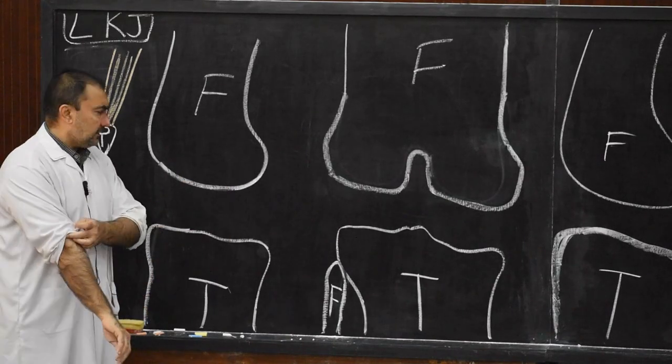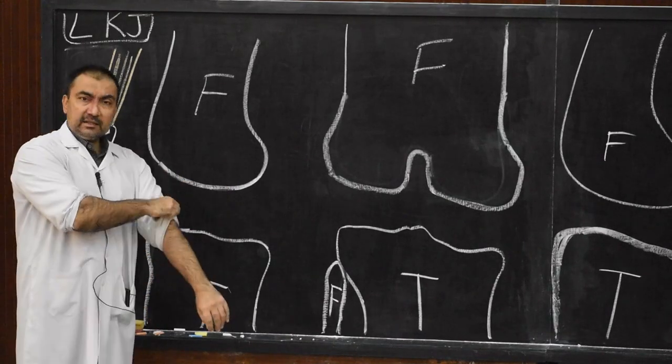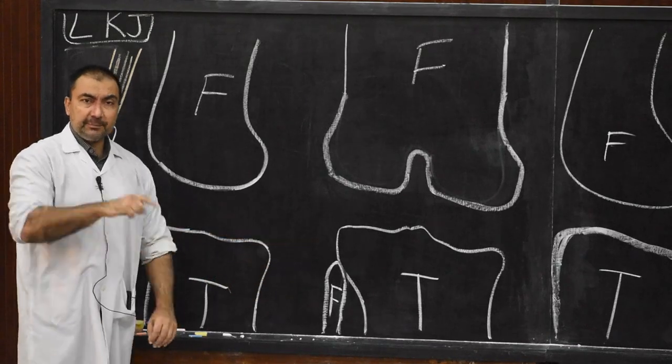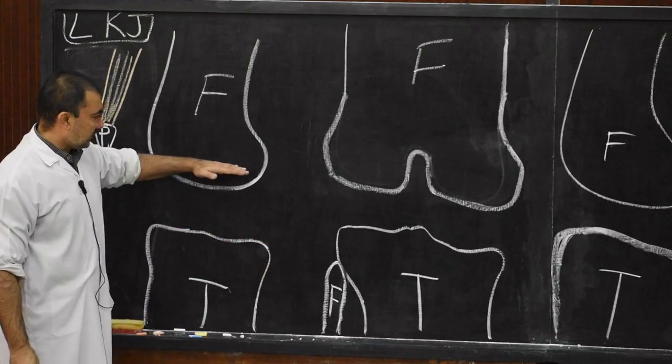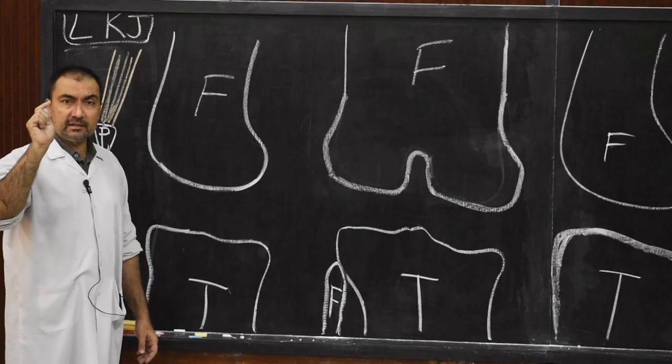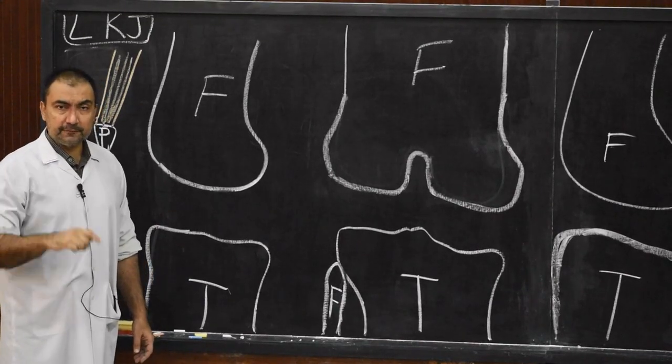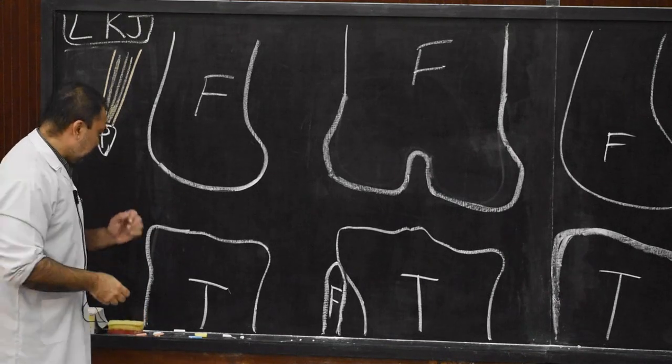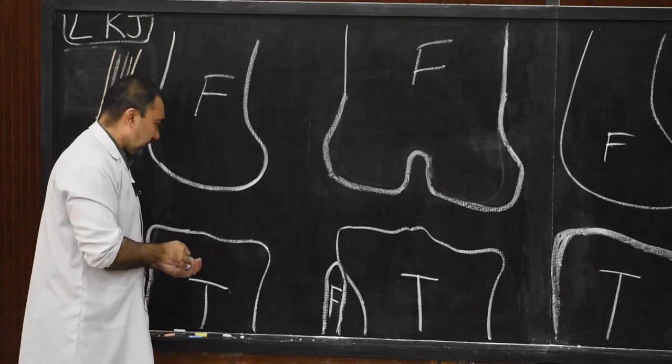So the upper attachment of the capsule of the knee joint, posteriorly, will be attached to the intercondylar notch of the femur.